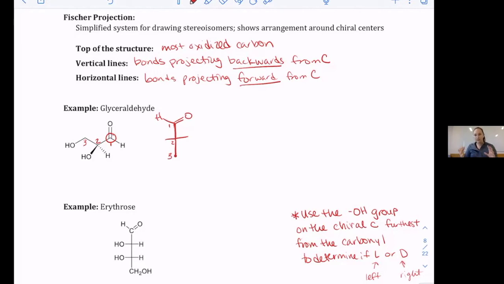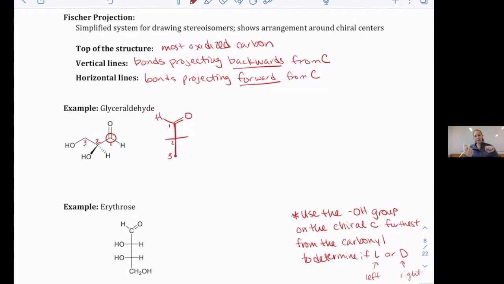And then I'm going to fill in what we have. Really what I'm doing is taking this molecule, and it's kind of hard for me to show you on video, but I'm going to grab it with my hands and straighten it out towards me. So the carbonyl is going to go towards the back. We're going to flip it all up, so the carbon chain is going up and down. Right now I have the oxygen on carbon 2 coming out towards me.